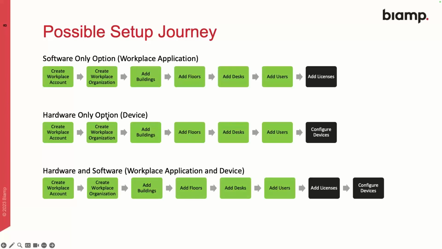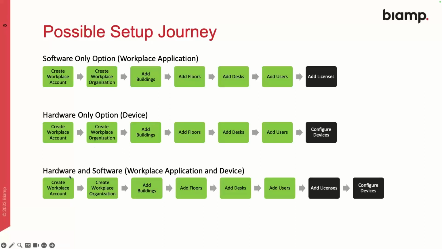The next option we have is the hardware-only option, and that would be making all of your bookings directly on the device itself. So not necessarily using the workplace mobile application, but rather walking up to the device and using your access control card or your RFID card, or even interacting on the display itself to book the space.